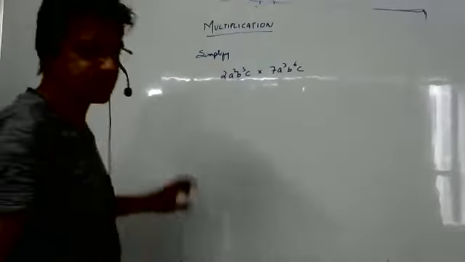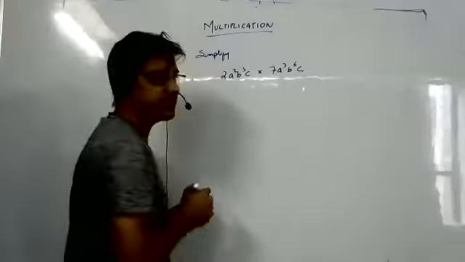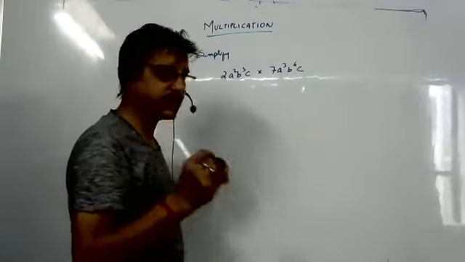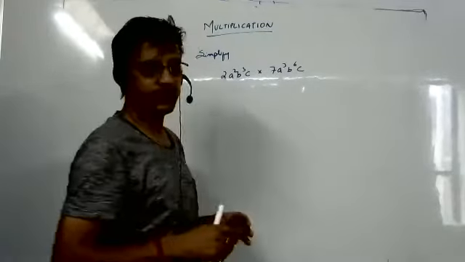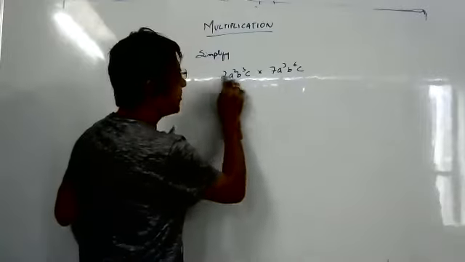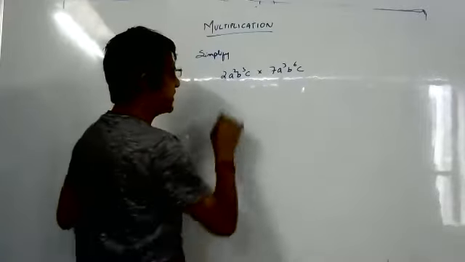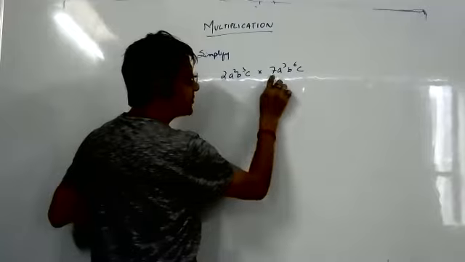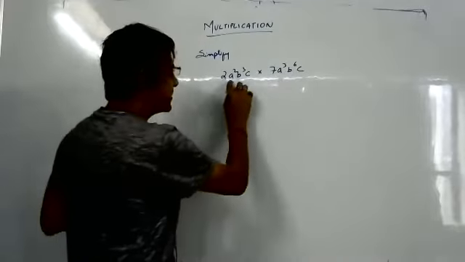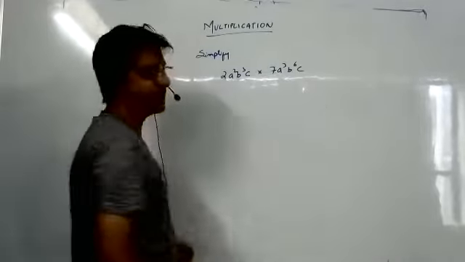So first thing, there are 3 components. Always remember, there are 3 components. One is multiplication of sign, second is multiplication of the coefficient, and third is multiplication of the variable.